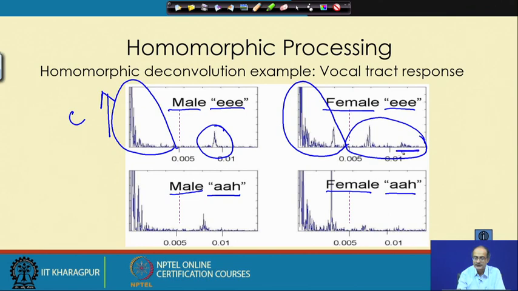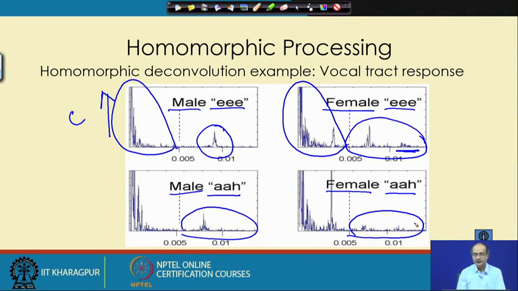These components at high frequency conform to the fact that, compared to the male speaker, the female voice is rich in high frequency components. Okay. And the same thing we notice for the other utterance too. If you look at the excitation part for the male speaker and the female speaker, we see that energy is more distributed to the high frequency part for the female speaker.